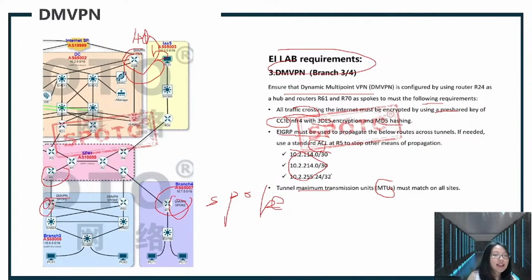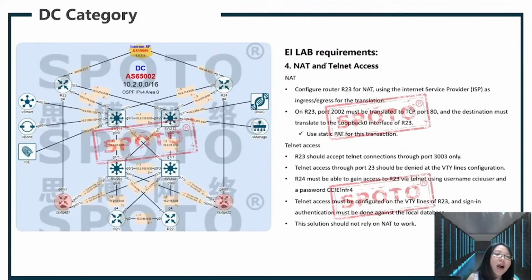Okay, so let's see. The next part is about NAT and the telnet access in the DC category. NAT. Okay, on router 23 we need to configure NAT using ISP as ingress and egress for the translation.